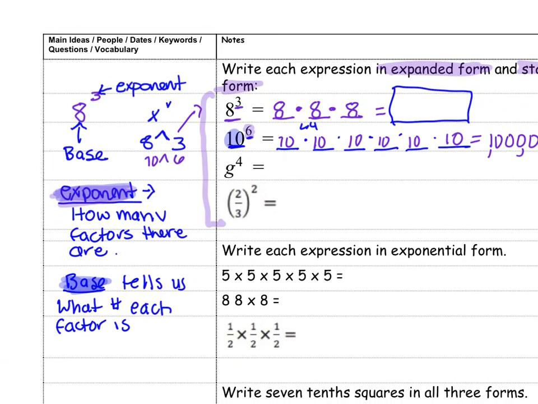All right, sometimes you're going to have letters though. And so we can't write in standard form if it's a letter unless we know. So if you have a variable, you can't write it in standard form unless you know what the letter or variable stands for. So in this case, we can only write G times G times G times G. That's in expanded form.